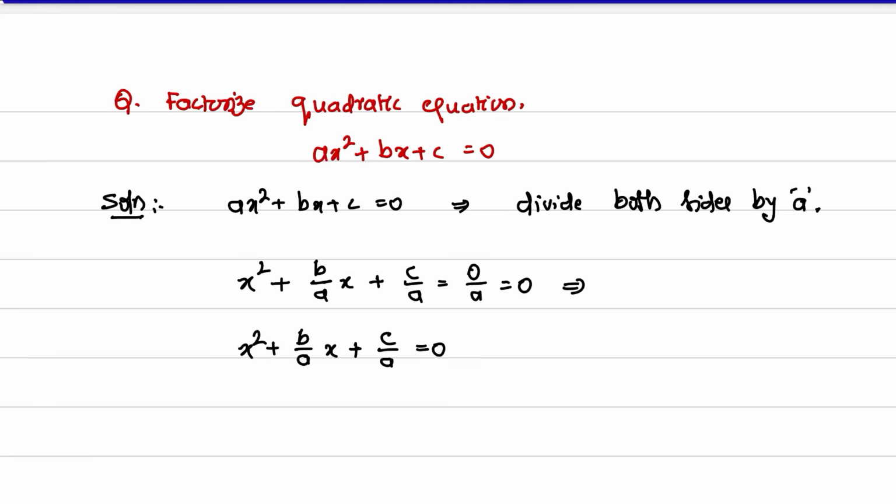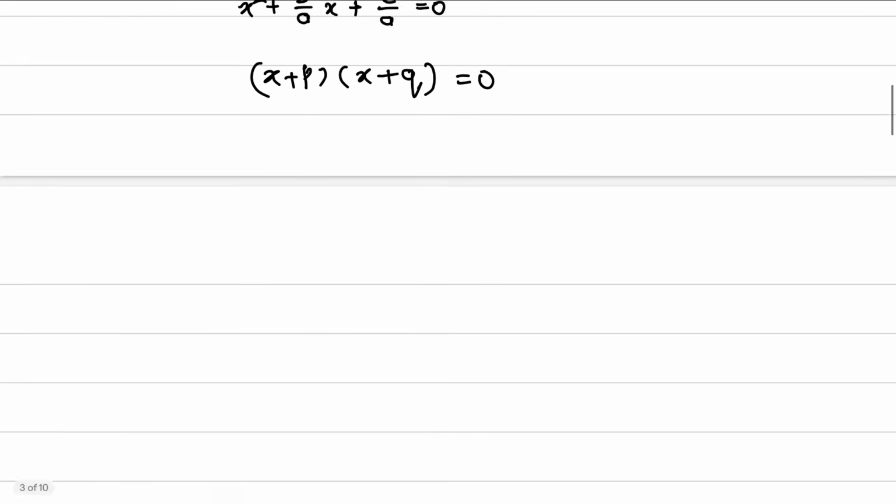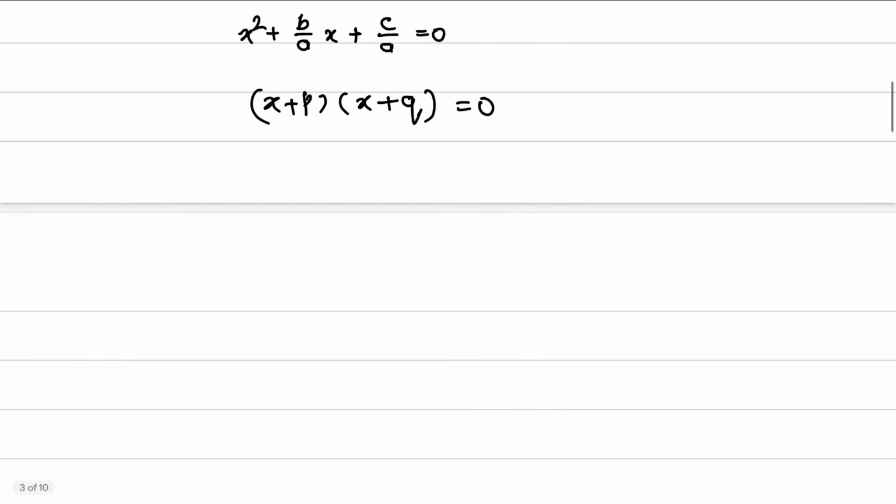Can we write this in the form for factorization: x plus p into x plus q is equal to 0? Let us try to write this way. That means my equation x square plus b by a into x plus c by a becomes x plus p, because I am factorizing, into x plus q, that is equal to 0.